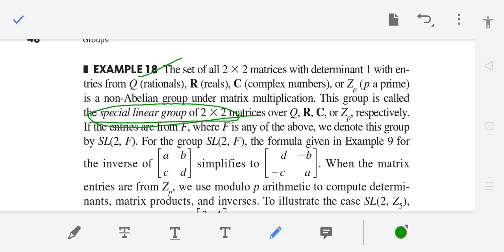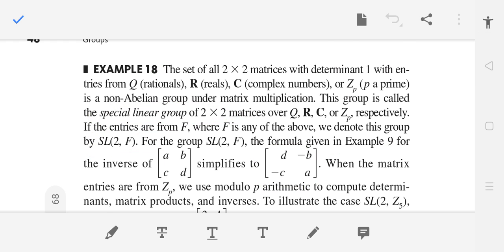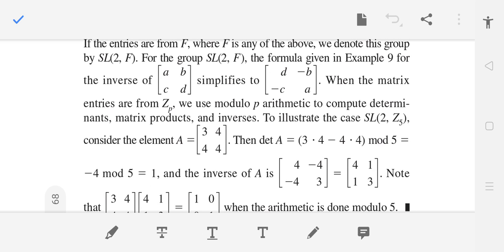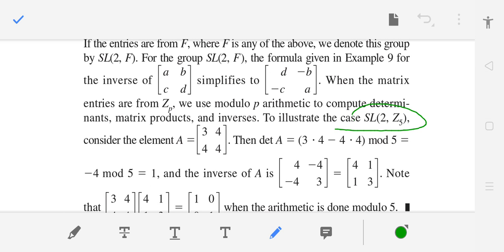So it is SL_2(F). GL_2(F) we have talked about, but this is SL_2(F). What is the inverse of (a b; c d)? Because the determinant is 1, the inverse is like this. You can verify it.